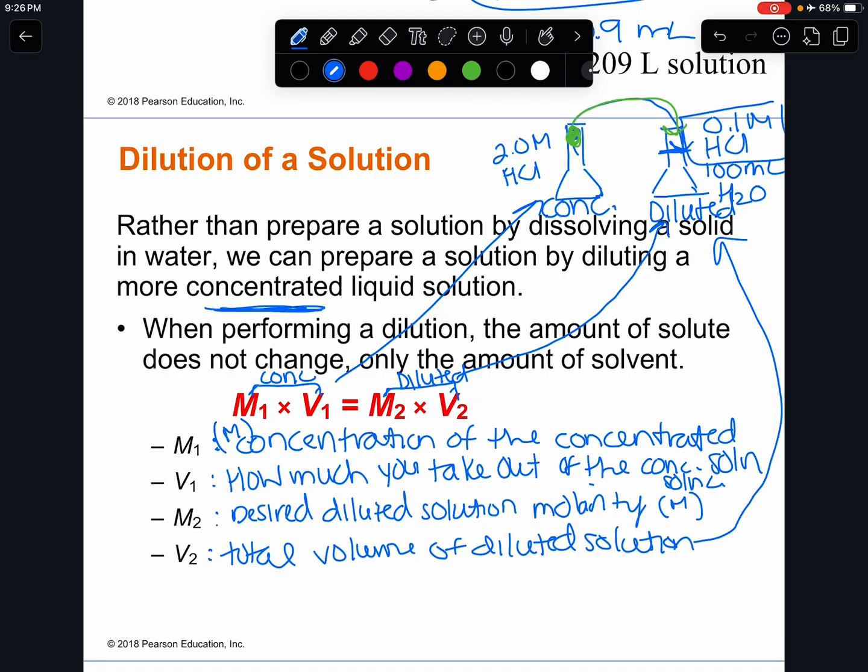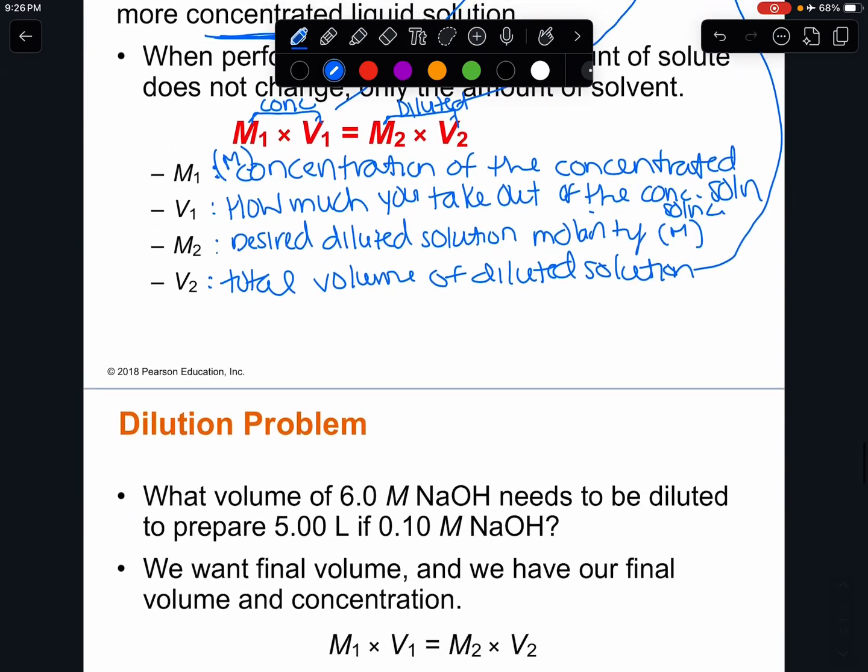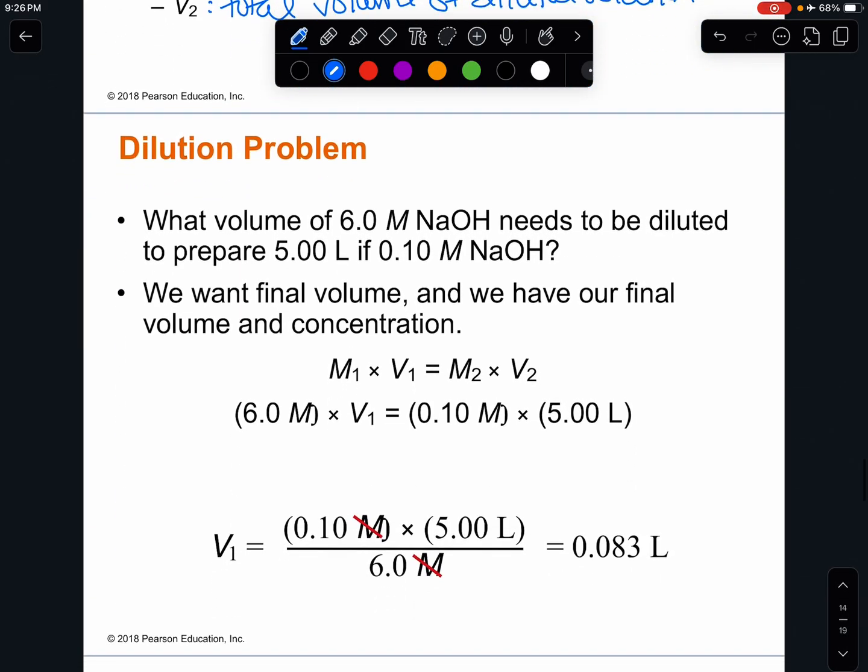Running out of room, so I'm going to just write concentrated solution there. So this is the initial molarity, which is 2 molarity in my picture. V1 is how much you take out of it, so it's not going to be the whole thing. Then M2 is what you want to make, and V2 is what you are intending the whole size to be, okay? You will be provided with this equation as well.